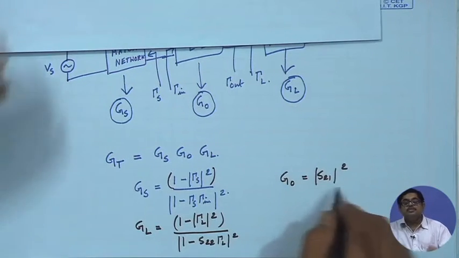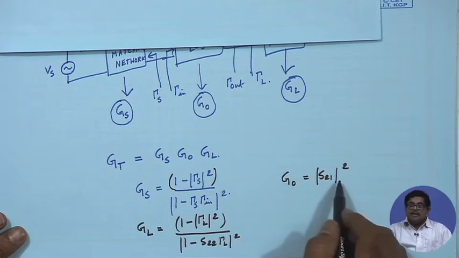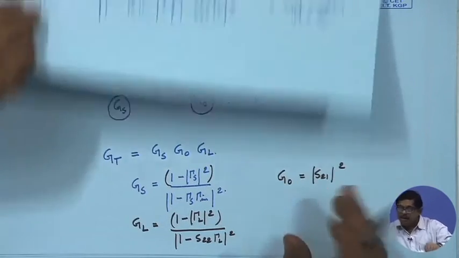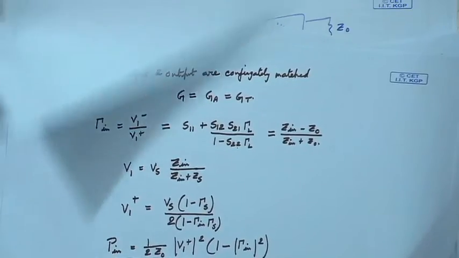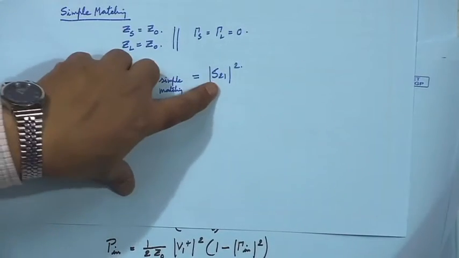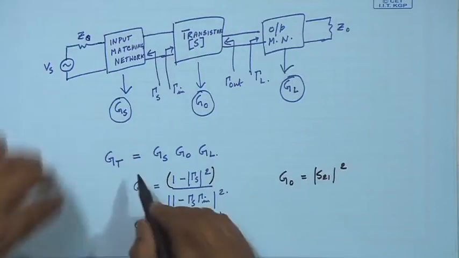So you see that we have already found that for simple matching, GT is S21 square. But if I do conjugate matching, actually I have 3 parts.